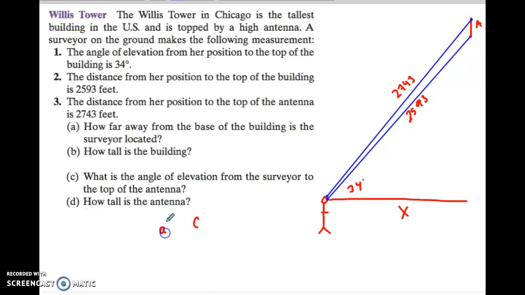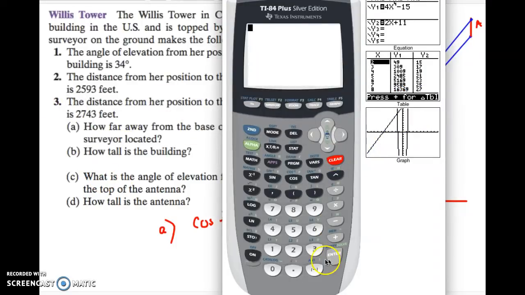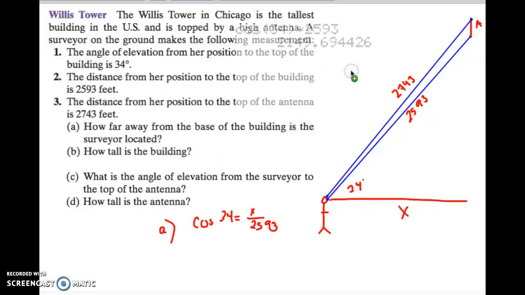So to answer part A, I could say cosine of 34 is equal to x over 2,593. So if I put that in my calculator, I'm going to get cosine 34 and multiply it by 2,593. So that's my first answer.